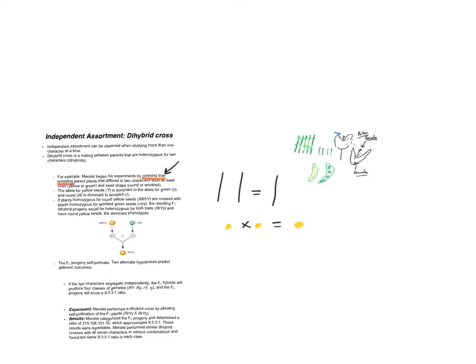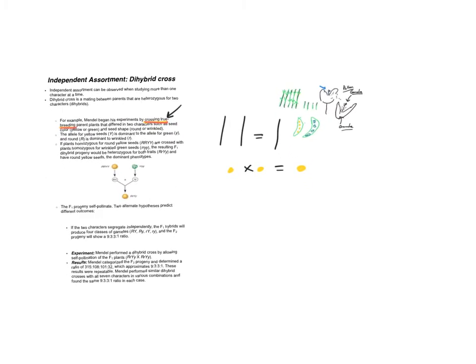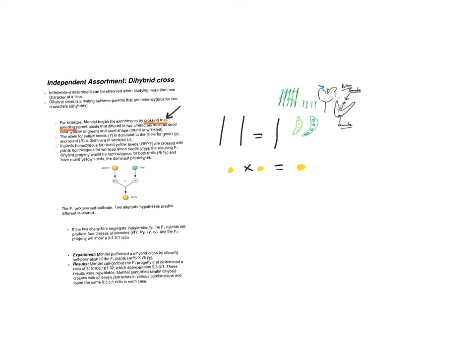All right. Let me minimize this for a second. So let's think about what this means. You have gene A, you have gene B, you have gene C, and you have gene D. These are genes, right?